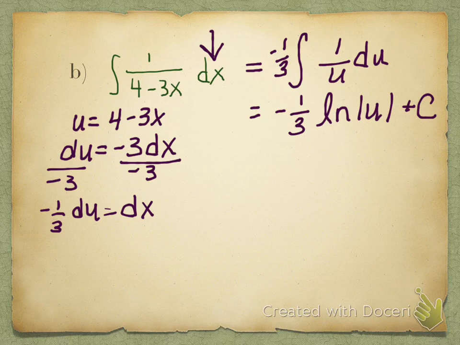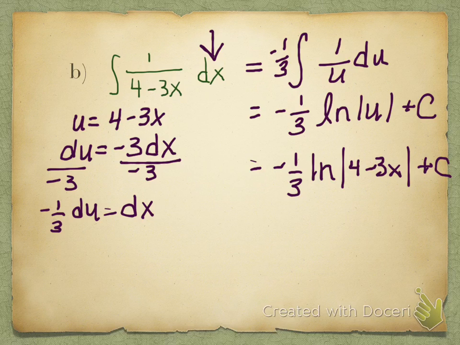Am I done? No. Not done. I've got to put the u back in. The problem started out in x, so the answer has to be in x. So the answer will be negative 1/3 natural log of the absolute value of 4 minus 3x, close that absolute value, plus c.